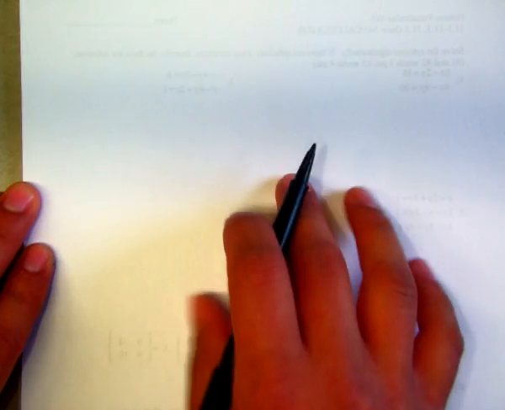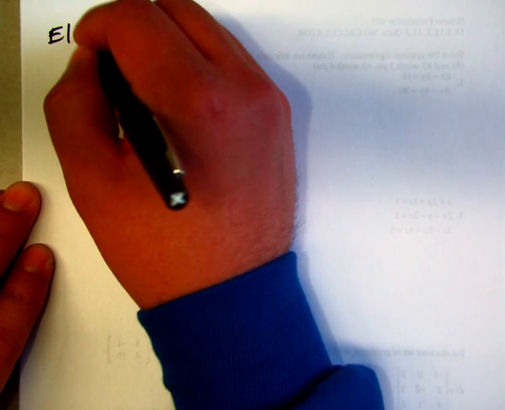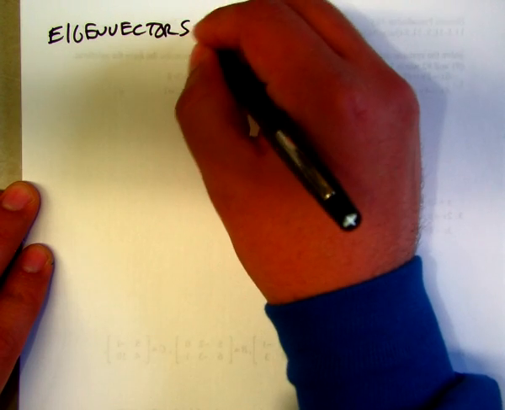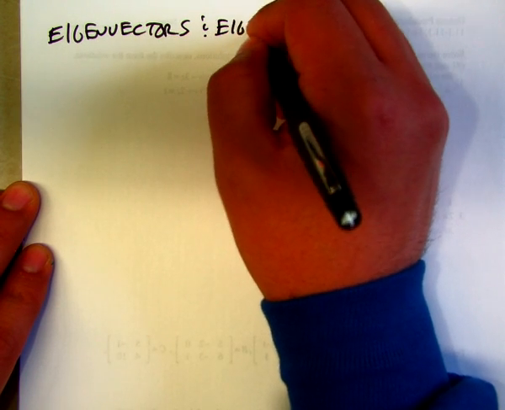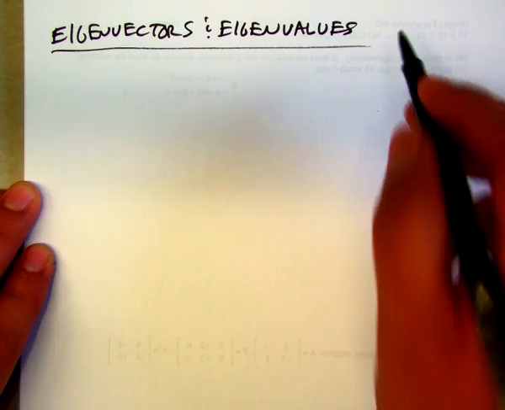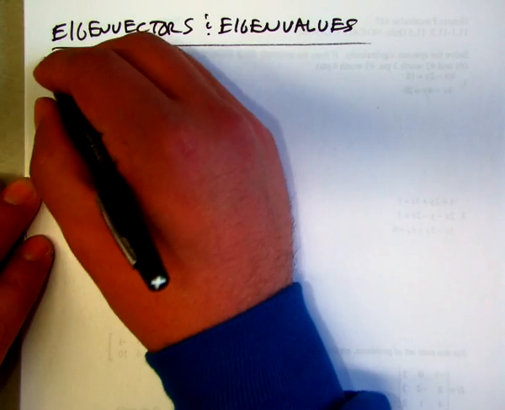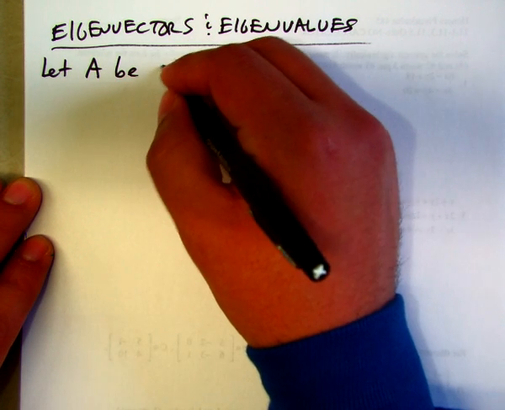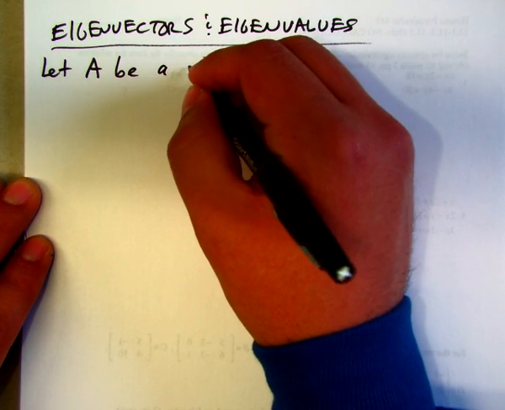On to eigenvectors and eigenvalues. We're going to start by letting matrix A be a square matrix, so we'll say n by n.